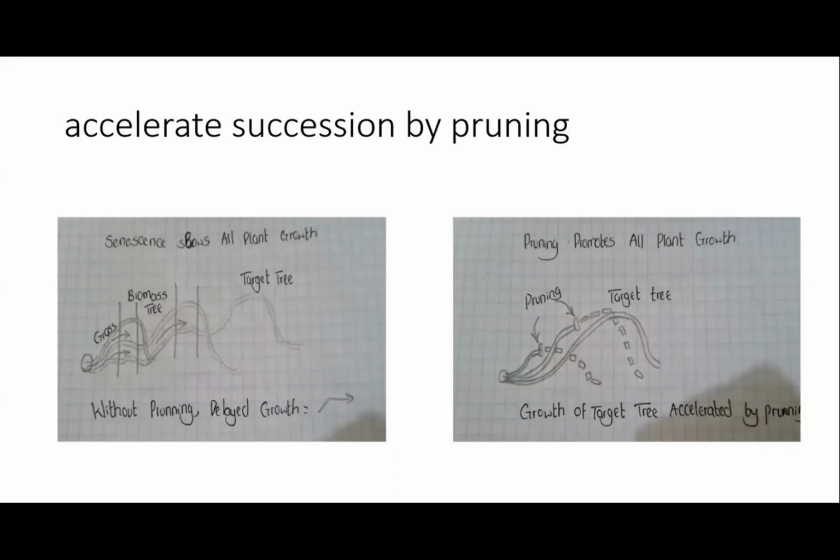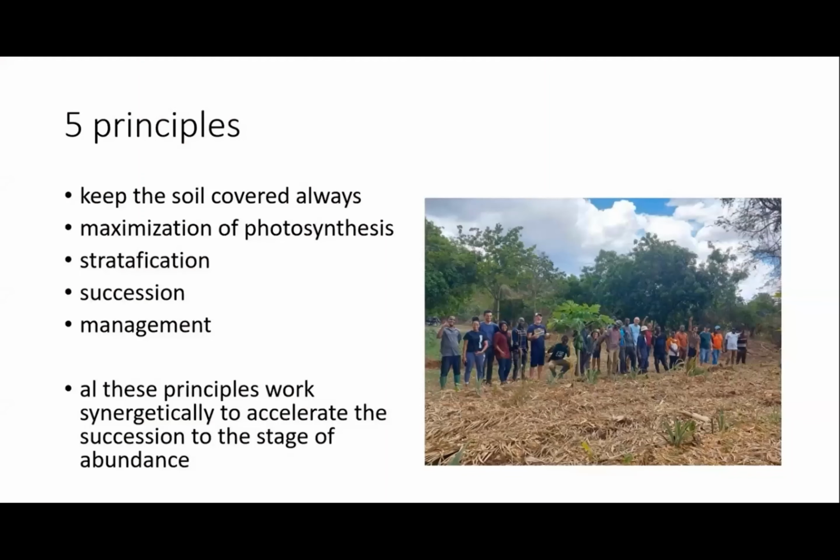By pruning the biomass trees, our target trees, the fruit trees, start growing. Cyclically, it normally takes maybe hundreds of years. We can create a forest even in arid zones, especially in arid zones, where it maybe takes 100 years to get a forest on the ground. We can do it in a year or 3. That's a real advancement of Syntropic agroforestry.